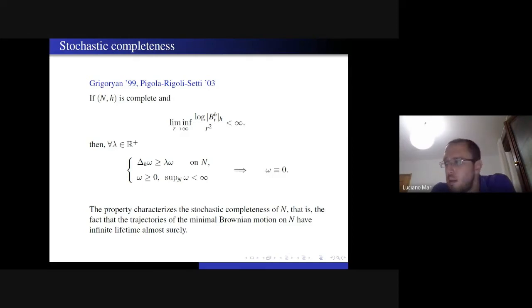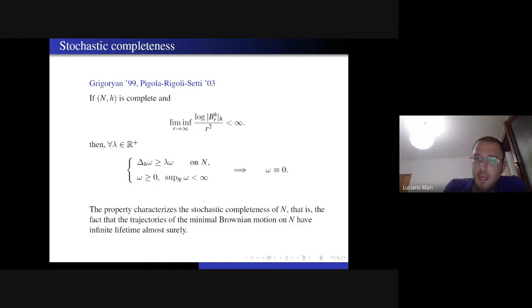It's also said to be the non-explosion of the Brownian motion. There are plenty of equivalent conditions focusing on different aspects of the stochastic completeness. One of them is this, and another is the famous weak maximum principle at infinity by Pigola, Rigoli, and Setti.